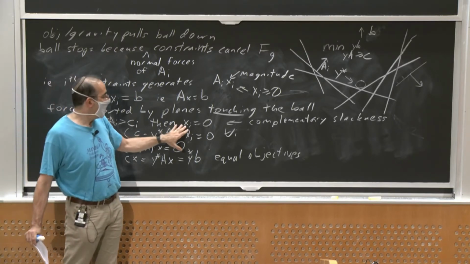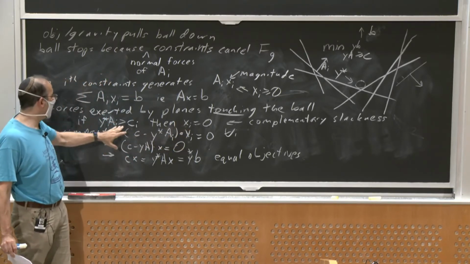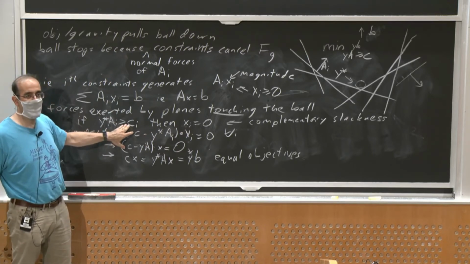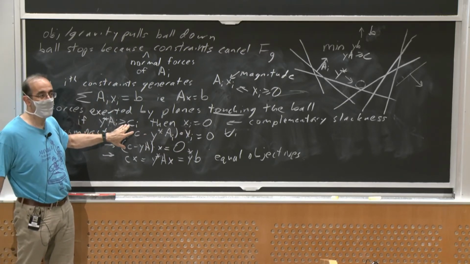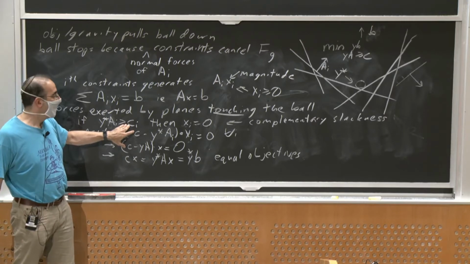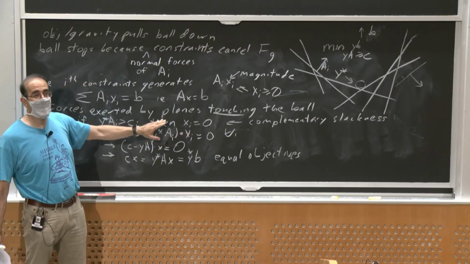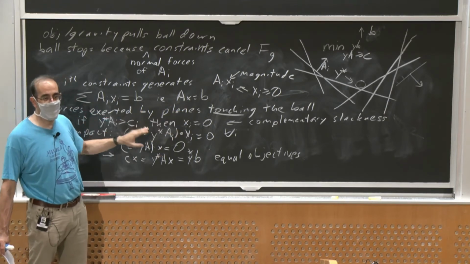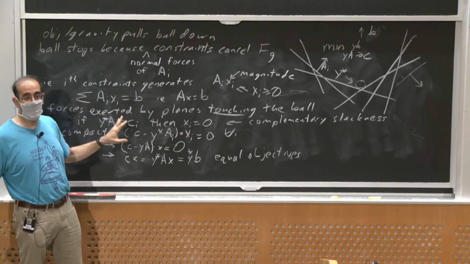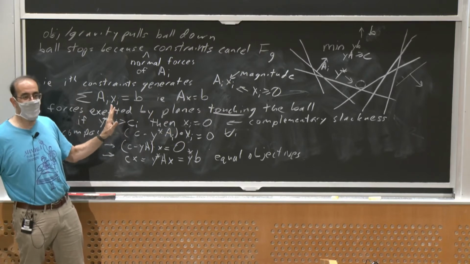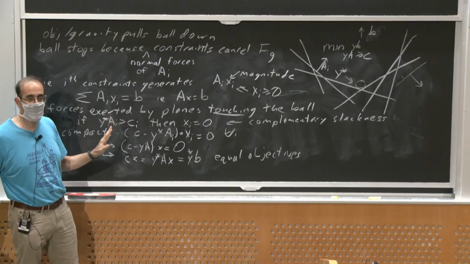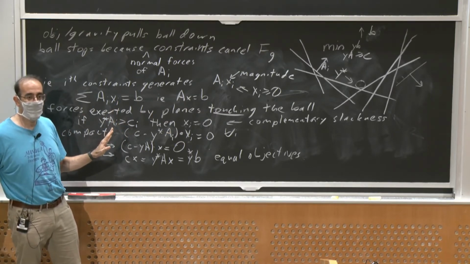So x_i is a measure of the sensitivity to changes in c_i. And of course, when x_i is 0, it means that there's no sensitivity. You can change c_i and it won't matter. Why won't it matter? Because the plane isn't touching the ball, so moving it doesn't change the optimum. Okay?